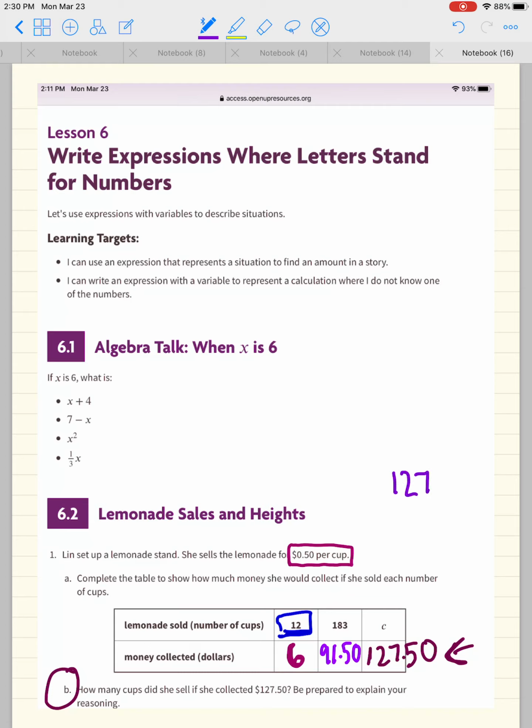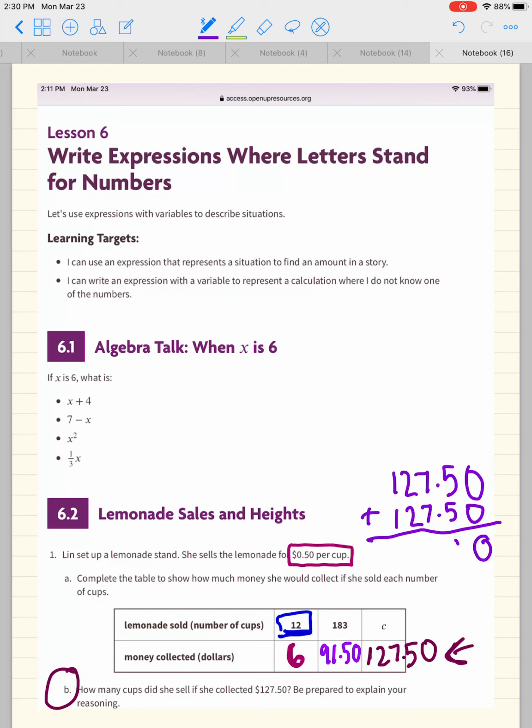So what we're going to need to do is either multiply 127.50 by 2 or add it together. I choose to do addition. You could have done multiplication, whichever is easiest for you.